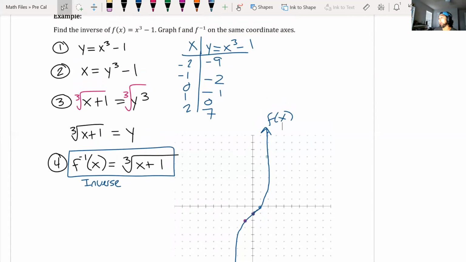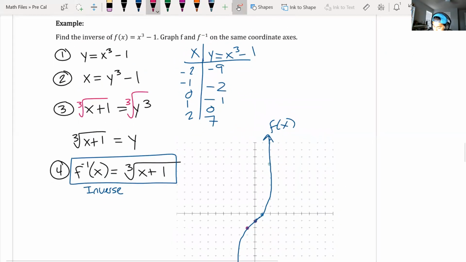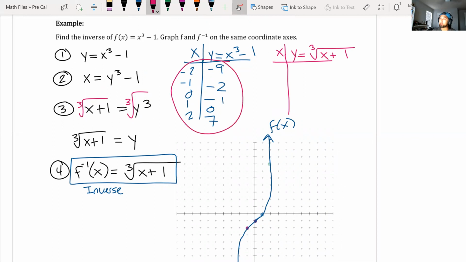Now let's go ahead and graph the inverse function, x and y equals the cube root of x plus 1. Do we have to pick new numbers? No. All we have to do is take these values and flip them.